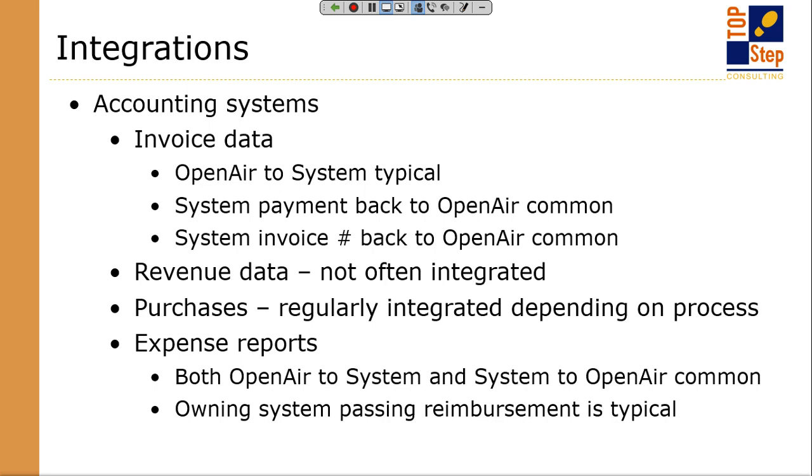So if you make a change, for example, if you're using OpenAir with Concur as an expense system, and Concur is your system of record for expense reporting, and somebody goes into OpenAir and makes a change to an expense report in OpenAir that came from Concur, are you going to pass that change back to Concur or not? What kind of a workflow do you want to have in place? Those are the kinds of things you have to think about in terms of your systems of record. Very important to identify.